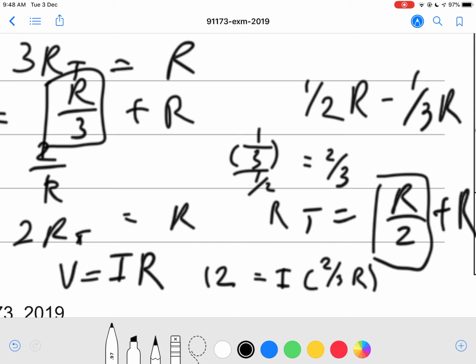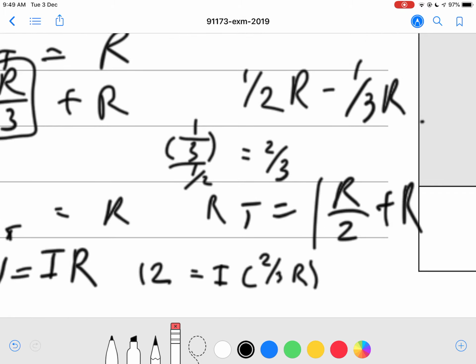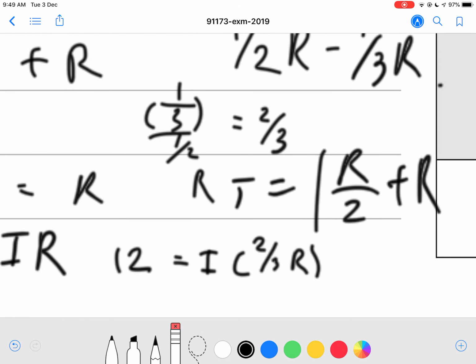Let me just check this. Okay, so it's decreased by 1/3 of what it used to be. So now it's 2 over 3 of what it used to be. So yeah, that's right.